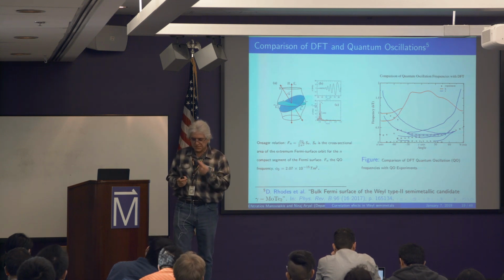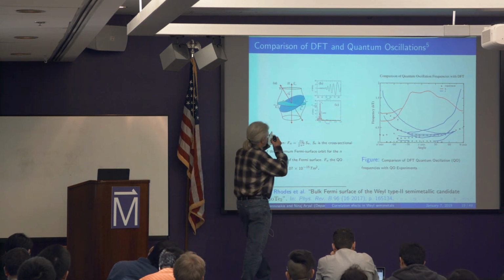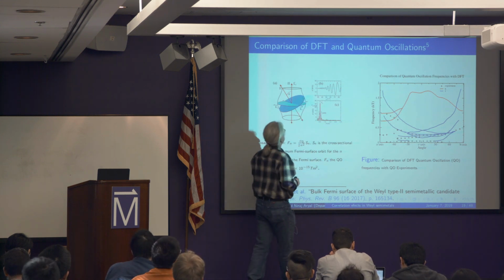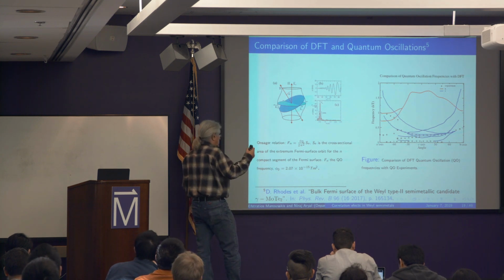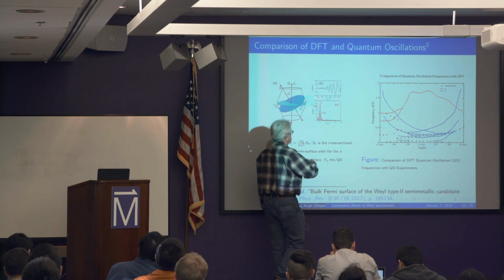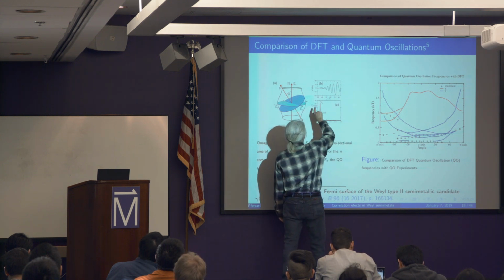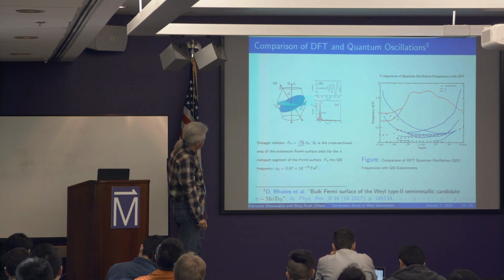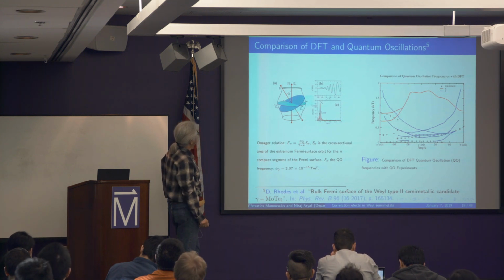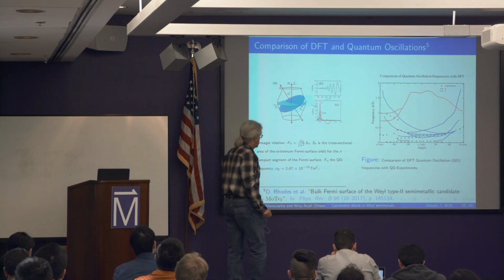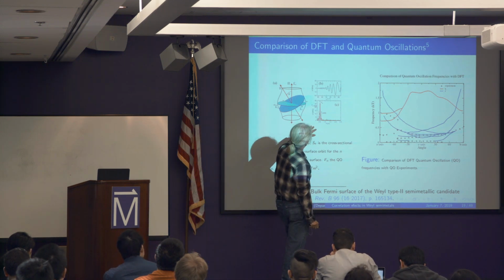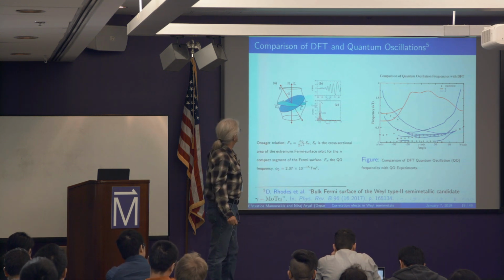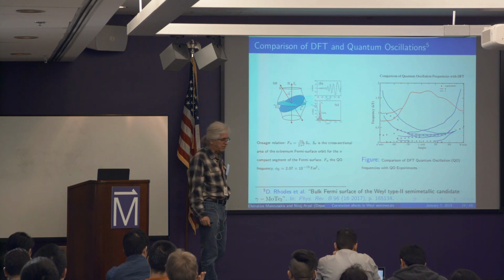These frequencies reflect themselves in some thermodynamic measurement of some observable, let's say the magnetization, or some resistivity, where you have these oscillations as a function of the magnetic field. If you plot them as 1 over the magnetic field, then the frequencies come out from the fast Fourier transform. You get some frequencies, in this case in kilo Tesla.